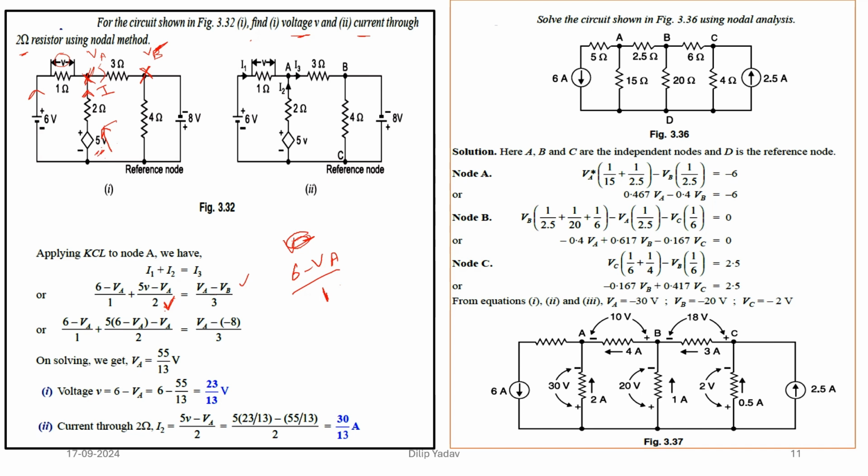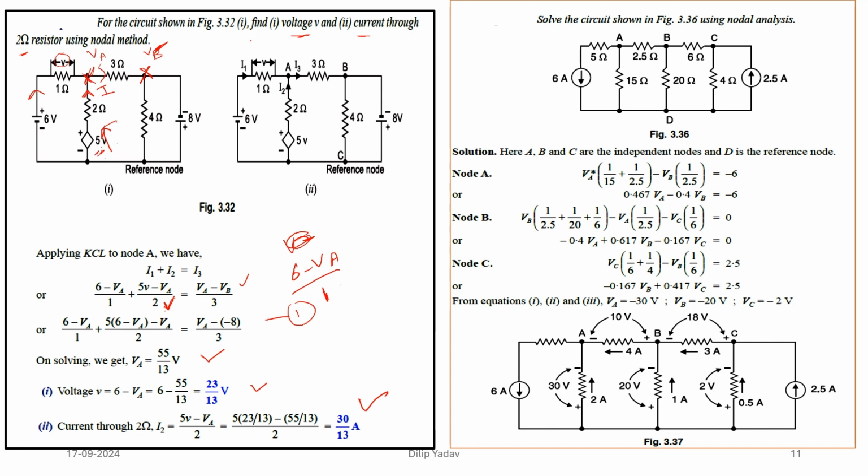So this was the first equation we have generated. Now we will solve it and calculate the value of VA, and by this we will obtain 6 minus VA, and this is how the current and the voltage across the 2 ohm resistance can be calculated.